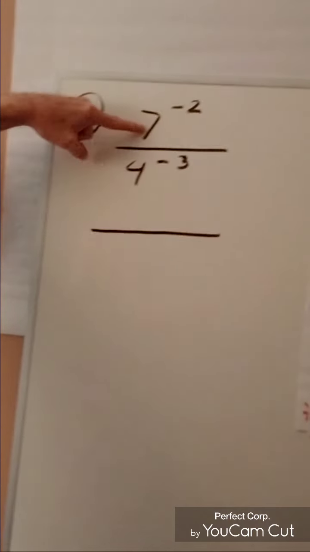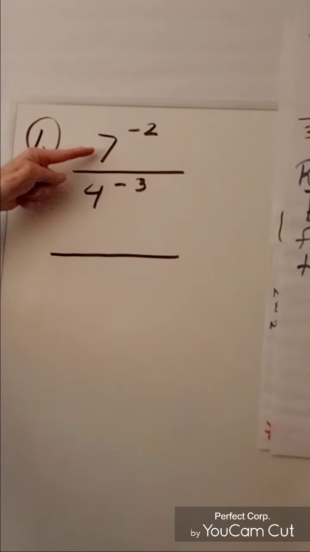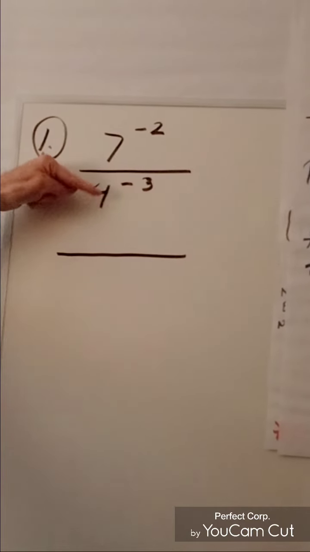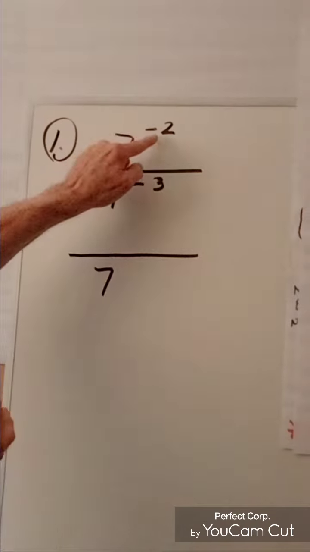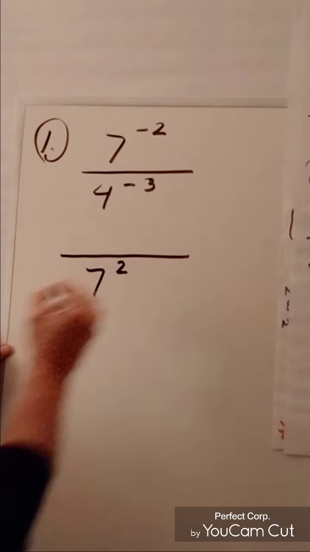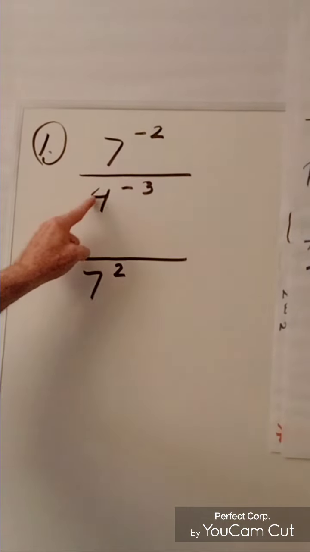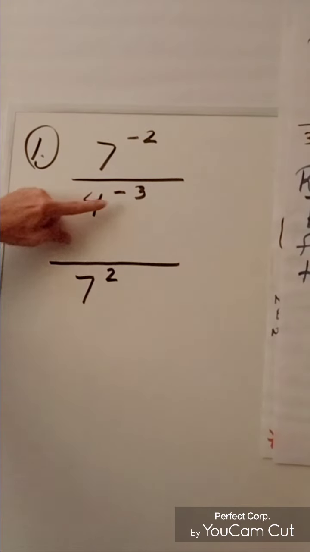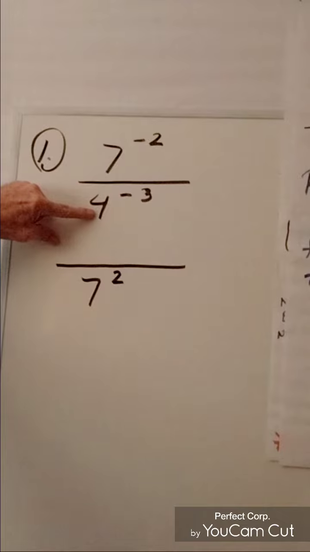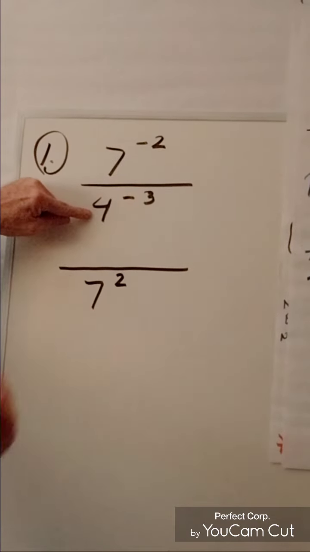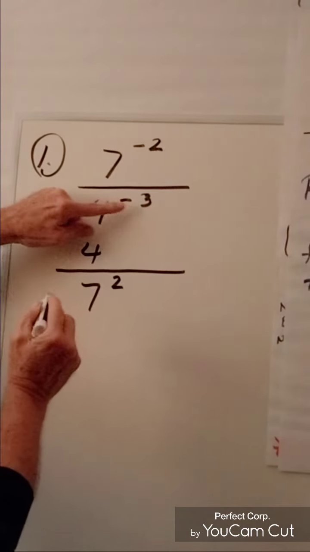Switch this base to the other side of the bar. That gives the authority to make it a +2. This one has a negative exponent. It can't stay there. Switch this base to the other side. Change.